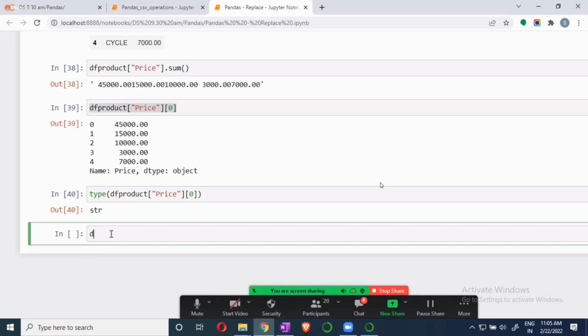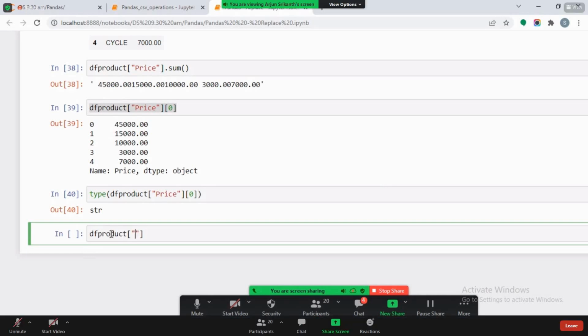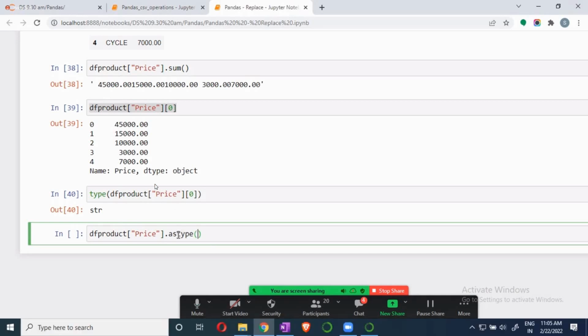There is DF product price, dot, there is something called astype, and put it as int or np.int32. Anything you can do.